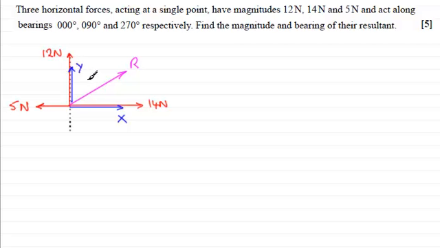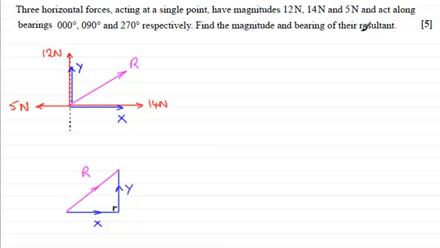I'm going to work out what X and Y are by resolving forces, and once I know X and Y, I'm going to use Pythagoras' theorem to find out what R is, because I can redraw this just down below: if I know X and I know Y, then that resultant force R comes from this triangle of forces. I can easily do that by Pythagoras' theorem.